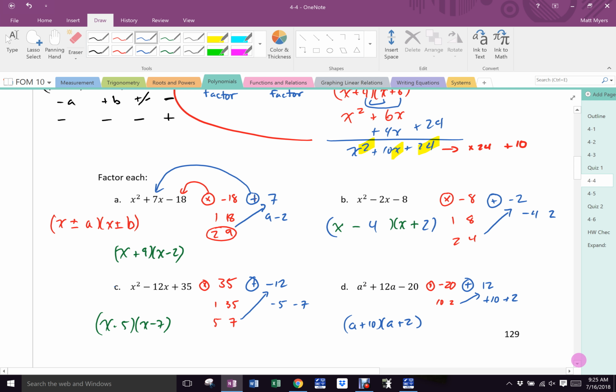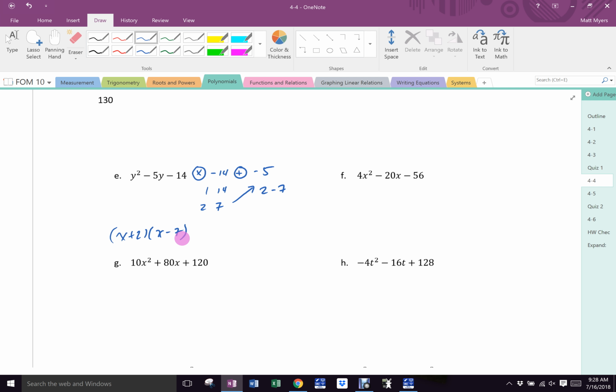Tell me why you cannot do F yet. Even though all of you know how to do F, except for maybe the grade 9, looking at F, what about that makes you uncomfortable? Pardon me? The 4 at the front, for sure, right? Because in every other example, there's been no 4 at the front, right?